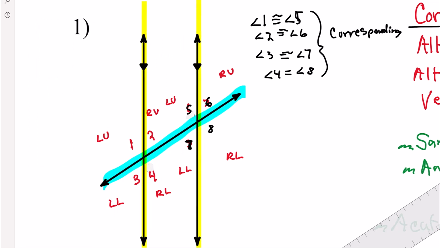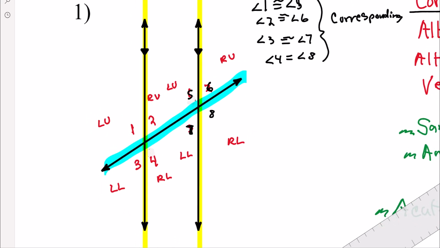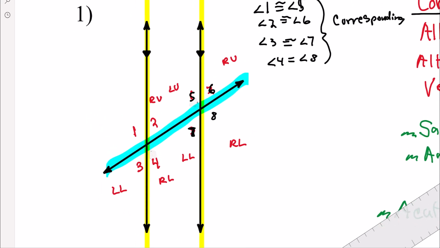So now we have different types. So notice angle 1, angle 5, angle 4, and angle 7, all four of those, let's see, angle 4 and angle 8, all of those angles are obtuse.